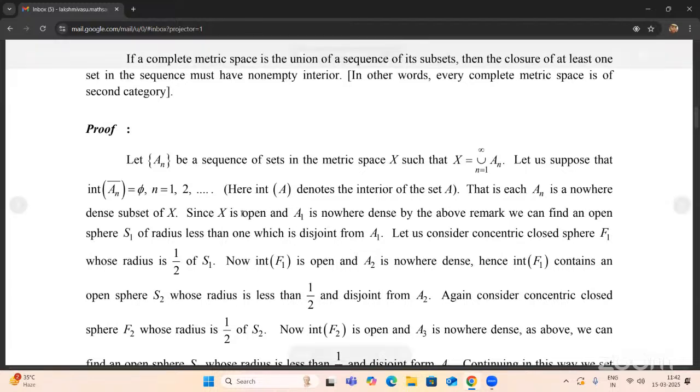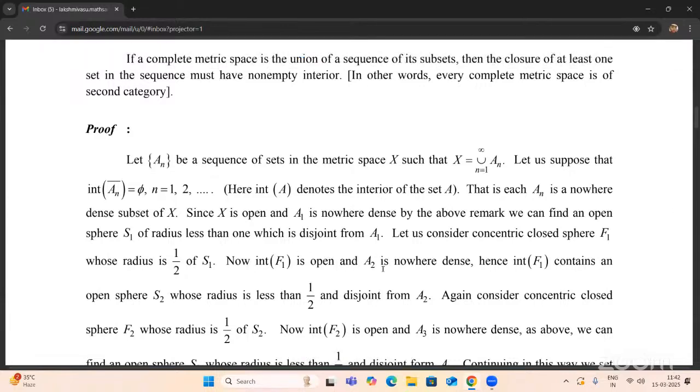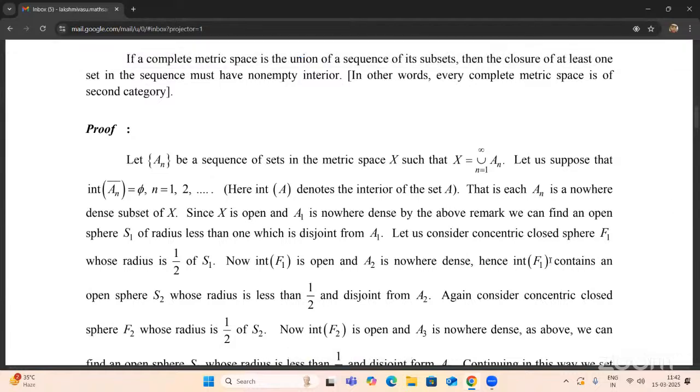The interior of F1 is open, and A2 is also nowhere dense, since nowhere dense means the closure of the subset has empty interior. And the interior of F1 contains another open sphere S2 whose radius is less than 1/2.